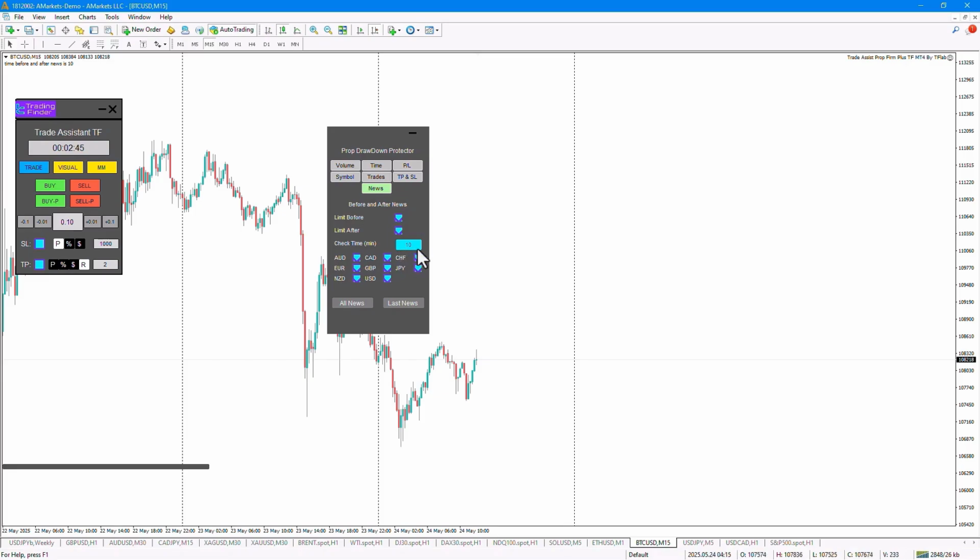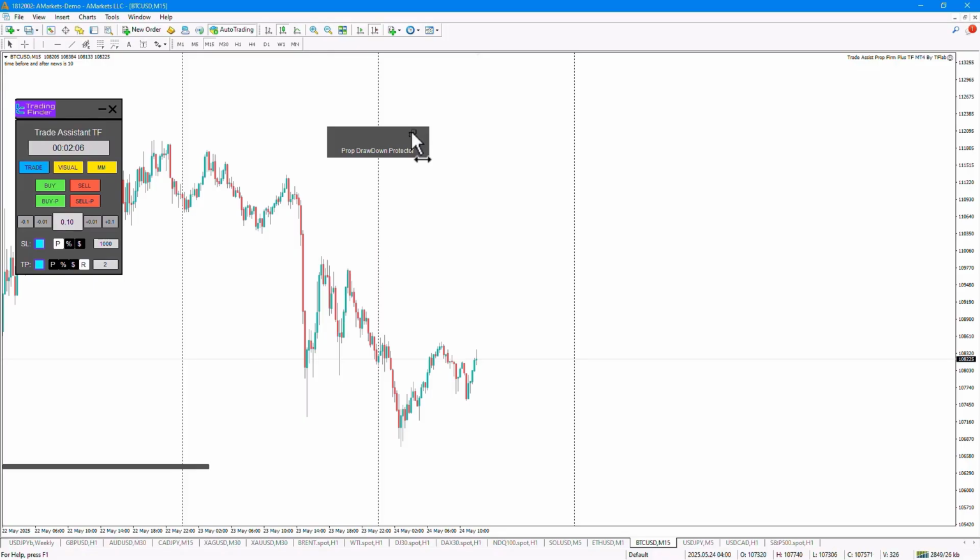For example, here where I have set the number 10, it will display the news for me 10 minutes before a high importance news event. And by enabling the second option, it will also show me the news 10 minutes after the event. This is considered a high importance news window for me, so that I either avoid trading during this period or manage my trades properly.